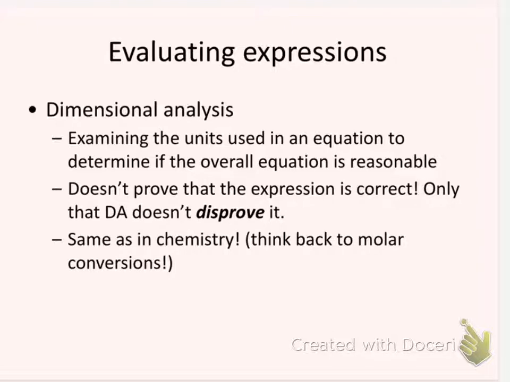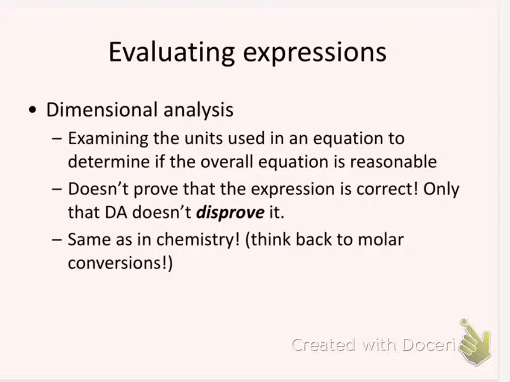The dimensions are things like meters and grams, length and mass. Length and mass are the dimensions, the units that go with it. So we can use that fact to evaluate expressions to see if we've rearranged things correctly.